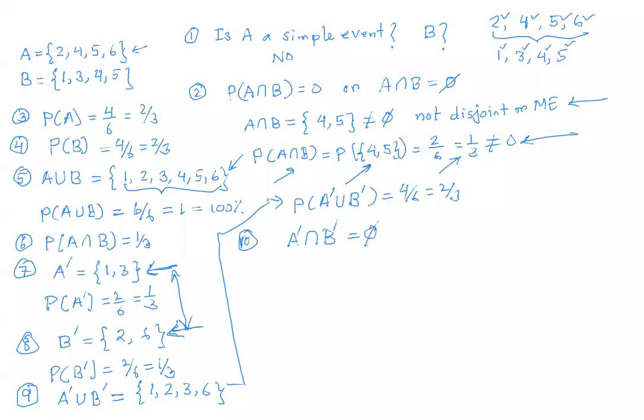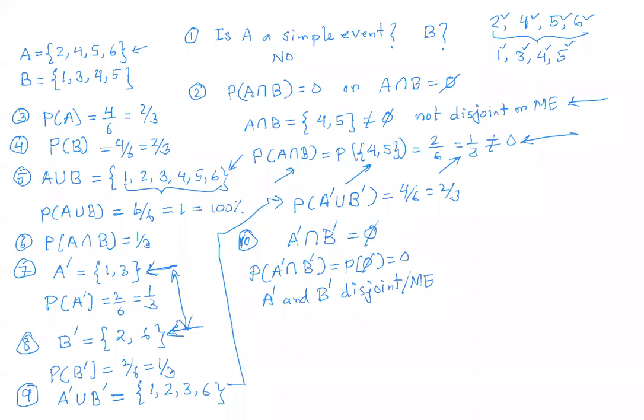So the probability of the empty set by definition is 0. A prime intersection B prime is the probability of the empty set, which is 0. That means A prime and B prime are disjoint, mutually exclusive.